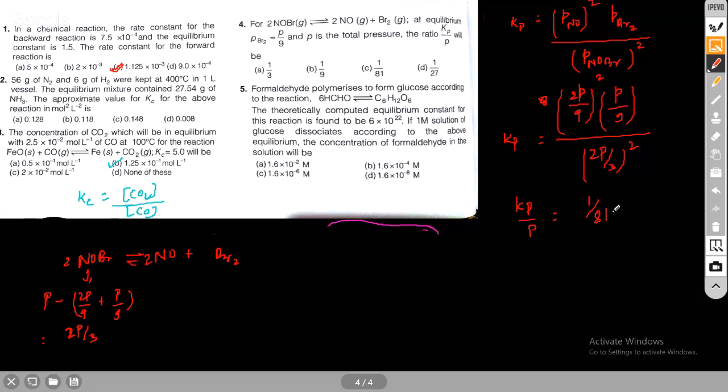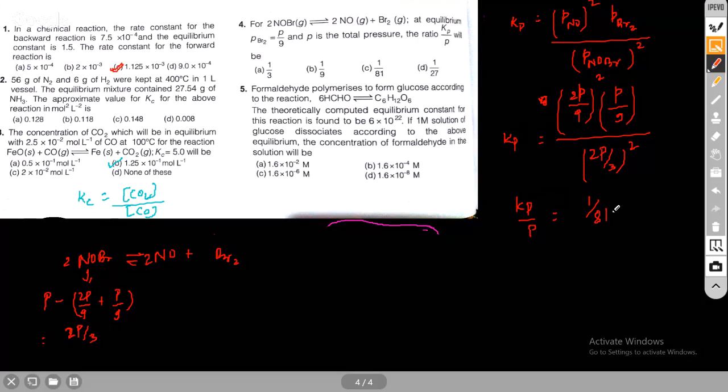Question number 5. You're getting C, 1.6 into 10 to the power minus 23. You're getting 10 to the minus 20. How is that possible? Check once. Check your calculation.